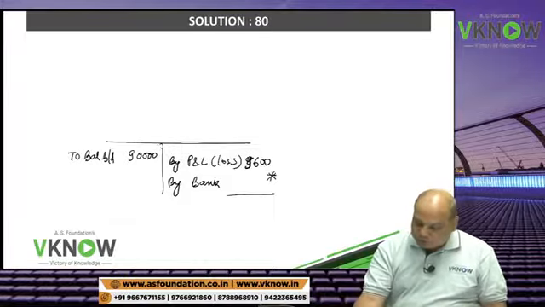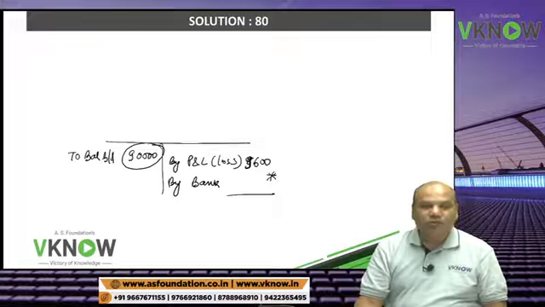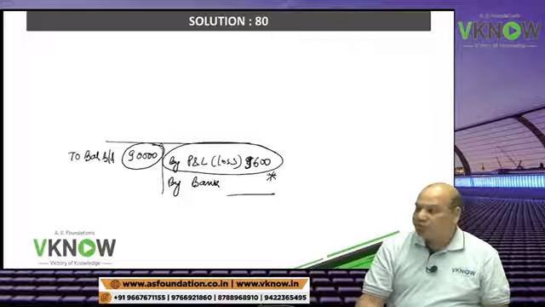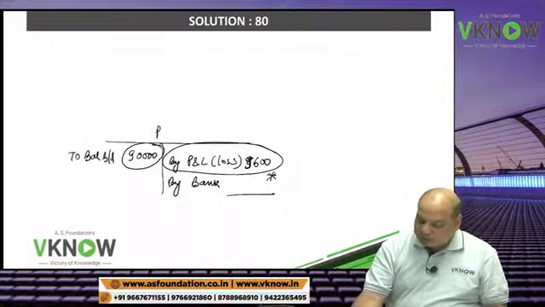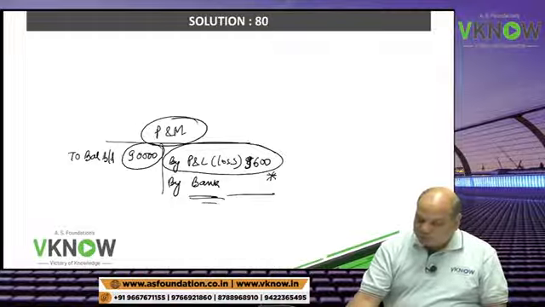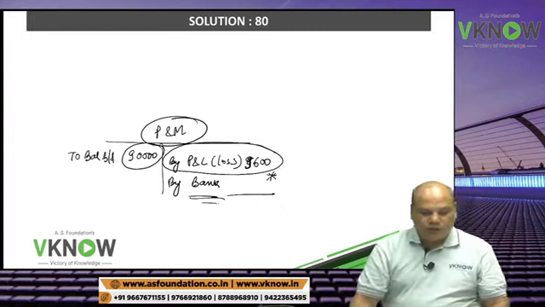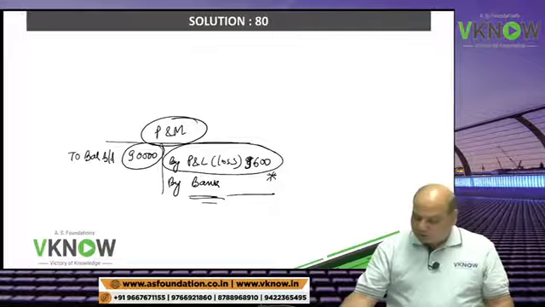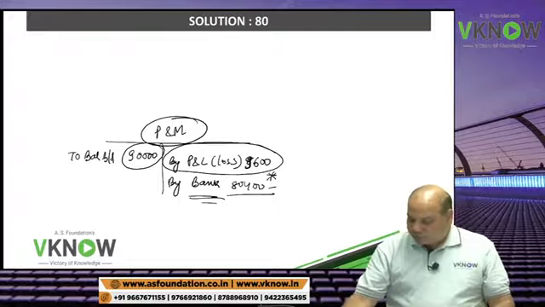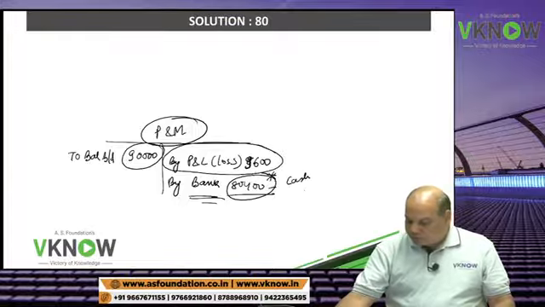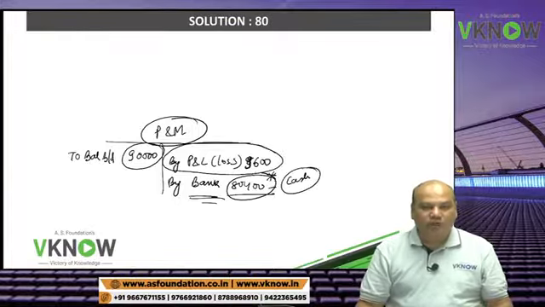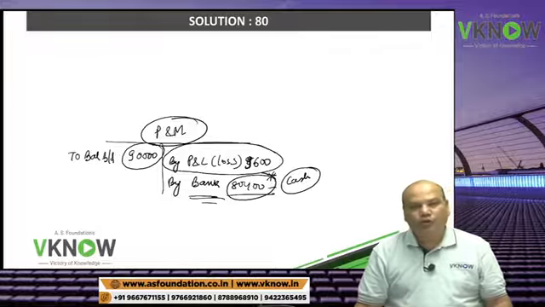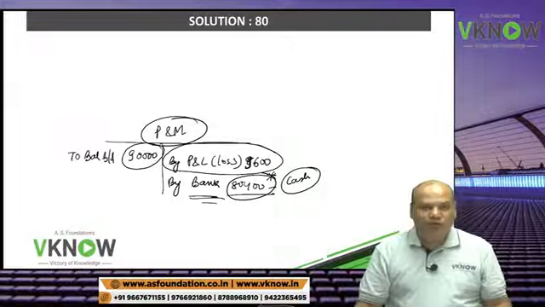The book value means ledger balance 90,000, loss 9,600. So at what amount was this plant and machinery sold by bank? By bank 80,400. So this 80,400 will come in cash flow from investment activity. Actual inflow or actual outflow of cash will be presented in the cash flow statement.